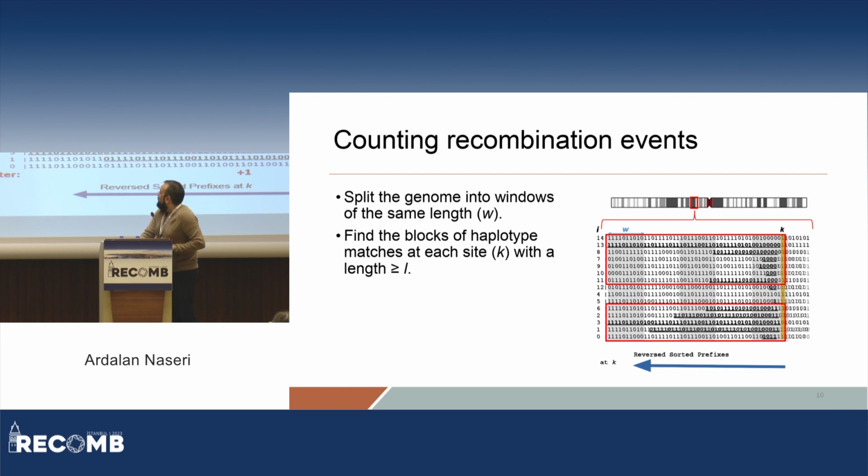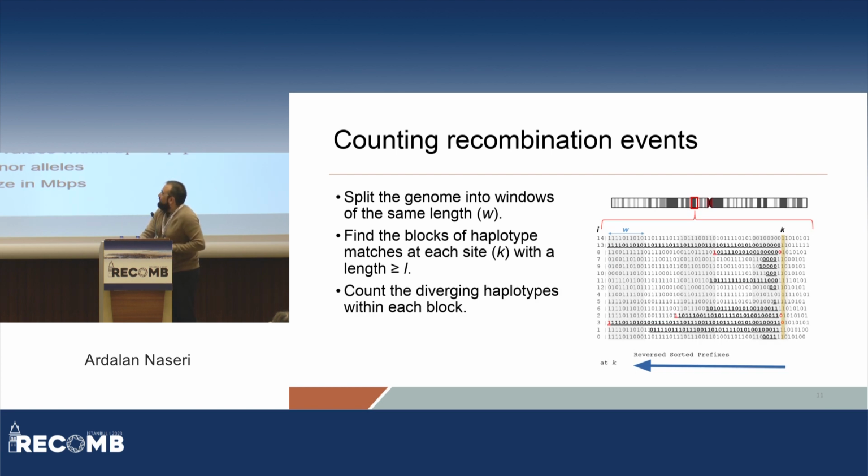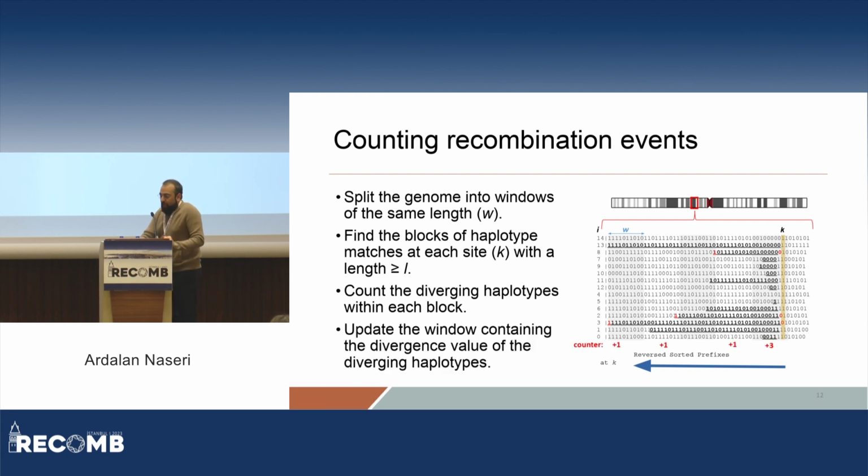After doing that, we calculate the normalized recombination count, and by looking at the minor allele at each window and using the divergence value, we calculate the recombination rate for each window. After that, we use iterations. At each iteration, we use the calculated genetic map.